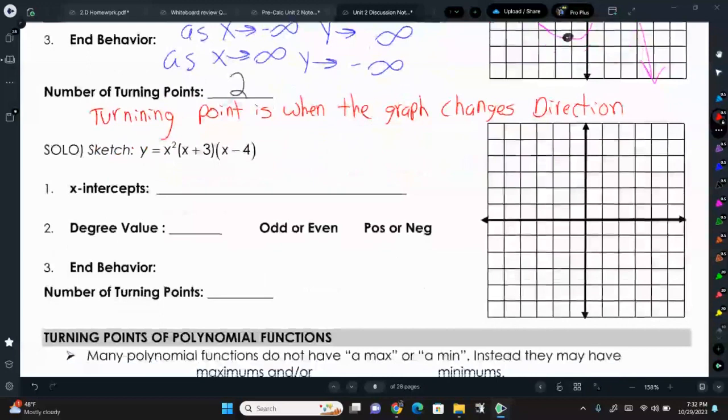This one here, because we have an x in front, that means one of our intercepts is 0, 0. Then we have x plus 3, so negative 3, 0. And then 4, 0.